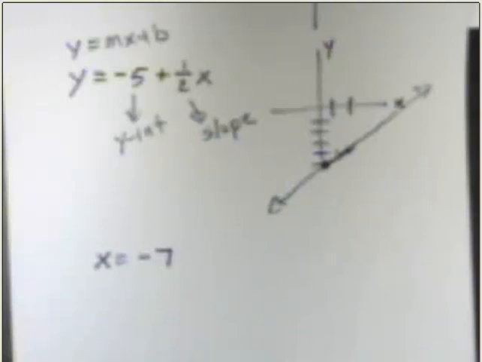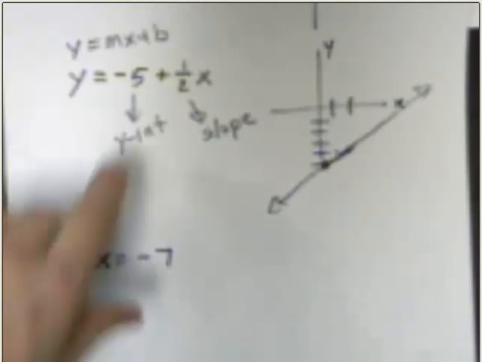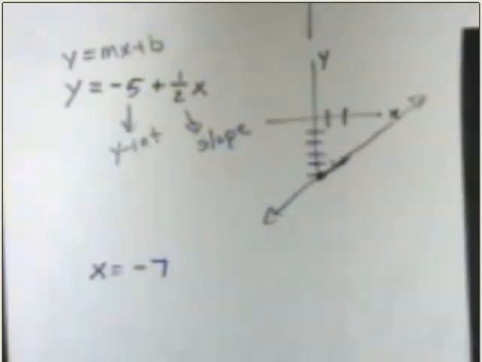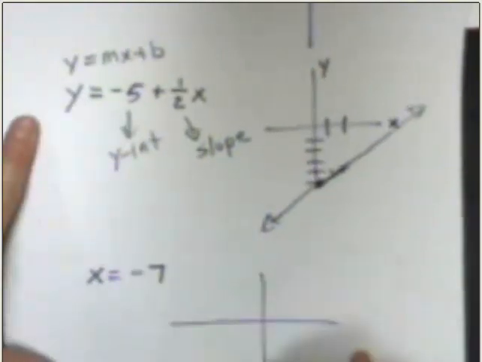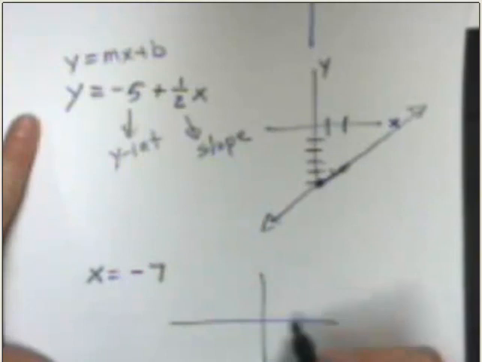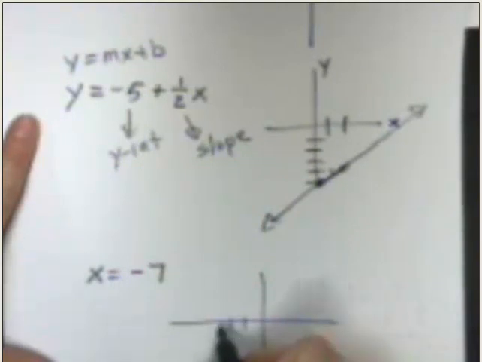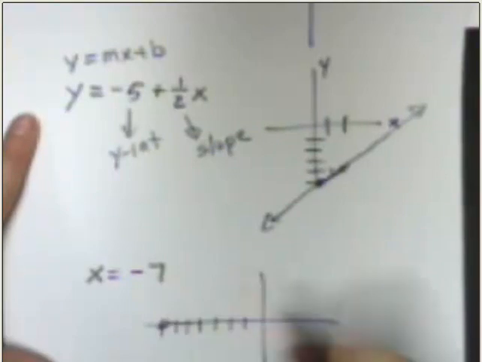No. That should tell you something kind of key. It's probably not a function if there's no y in it. It's probably going to be the undefined one. Since I cannot solve it for the form that I like, y equals mx plus b, I know something kind of sneaky is about to happen. At x equals -7, I have a point. 1, 2, 3, 4, 5, 6, 7. I do have a point there.